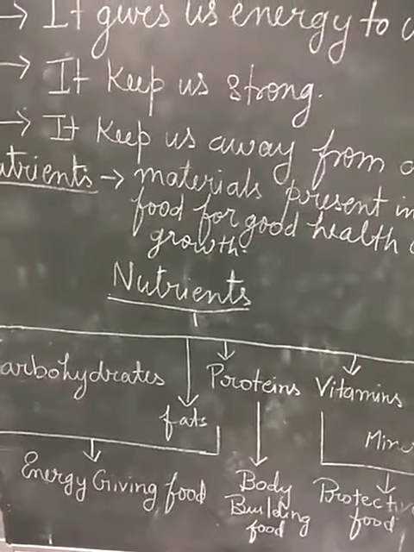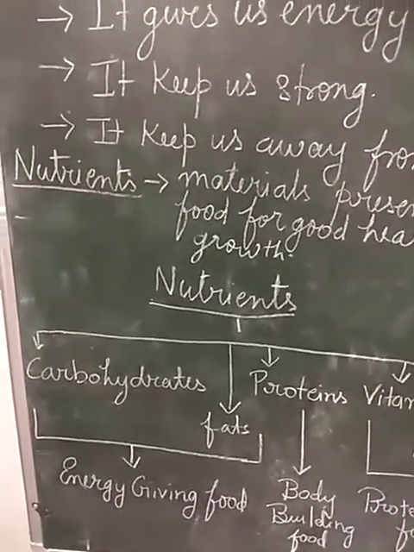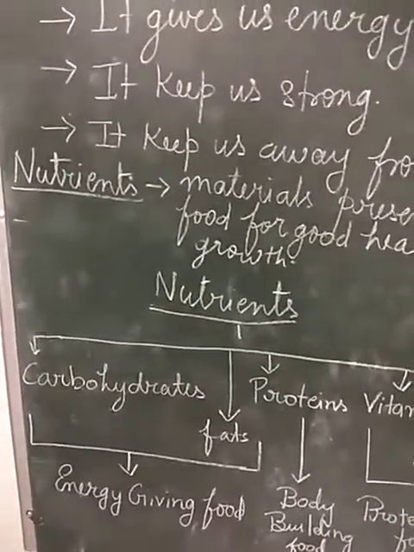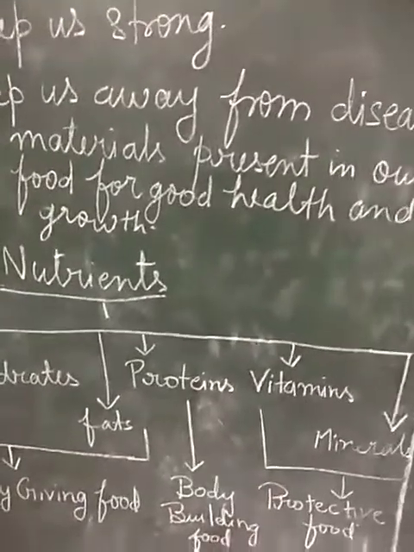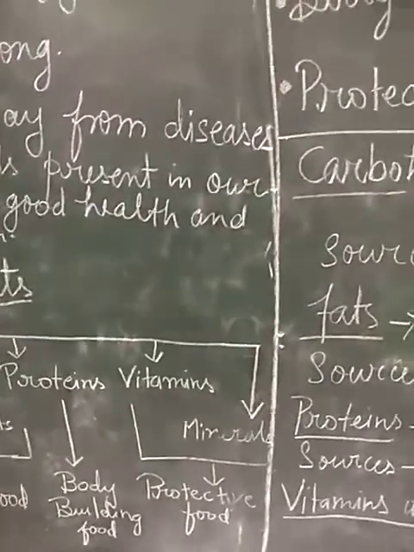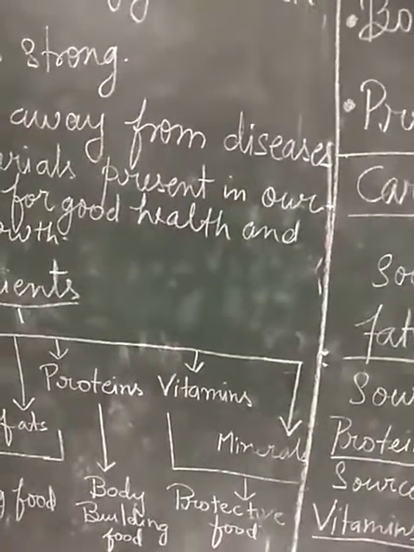Every nutrient has a different work. Carbohydrates and fats give us energy, so they are known as energy giving food. Protein builds our body, that is why it is known as body building food. And vitamins and minerals protect us from diseases, that is why they are known as protective food.